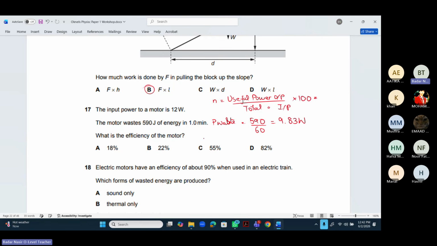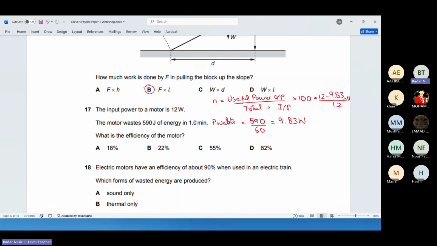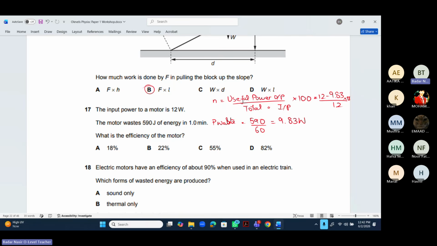So the power output, since this is the wasted power, is 12 minus 9.83, divided by 12, into 100. So this comes to 18% efficiency.